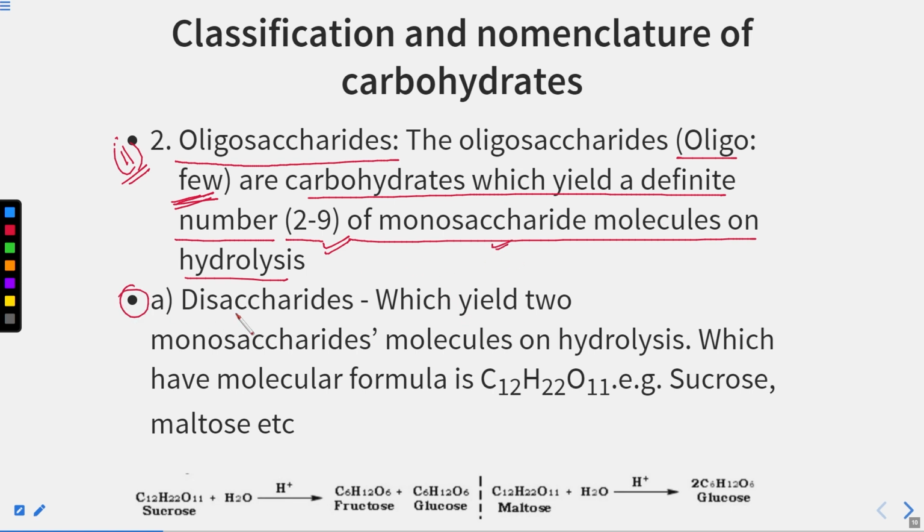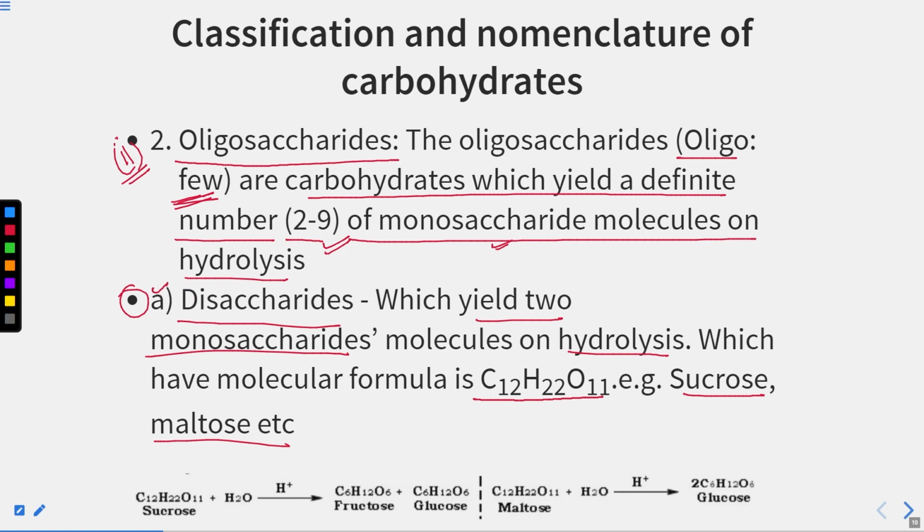The first type is the disaccharide, which yields 2 monosaccharide molecules on hydrolysis and has the molecular formula C12H22O11. That is sucrose, and another example is maltose. So now we can understand the difference: oligosaccharides can be further hydrolyzed to give monosaccharides, but monosaccharides cannot be hydrolyzed.